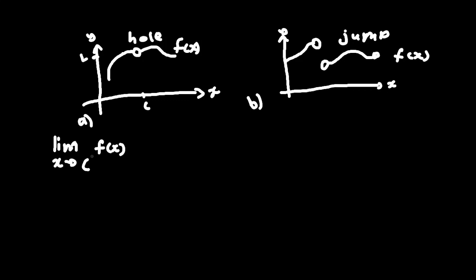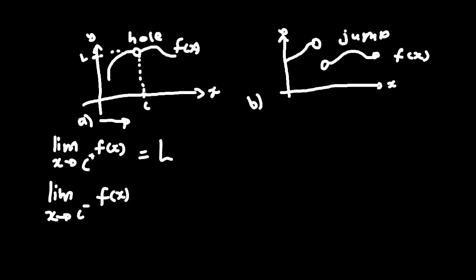If we come from this side, from the right, we have that positive. We approach our c with this positive here. What will be the limit? At c, the limit will be equal to L. And if you approach c from the left, which is represented by the negative, what will be our limit?